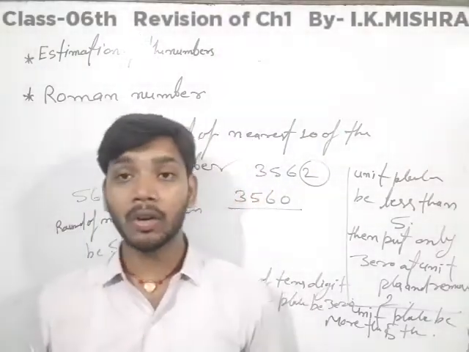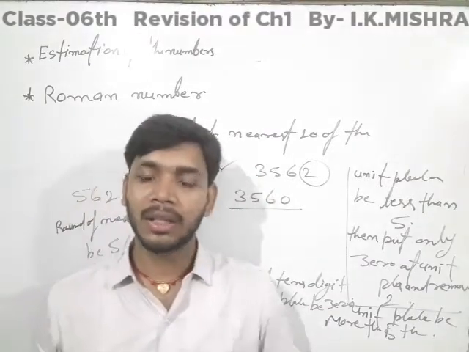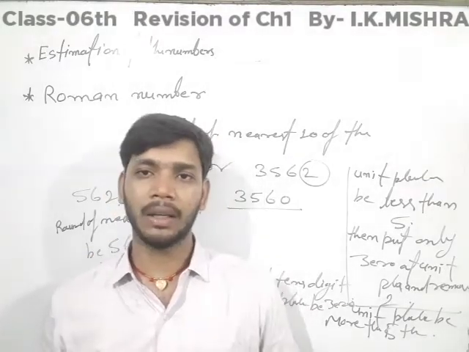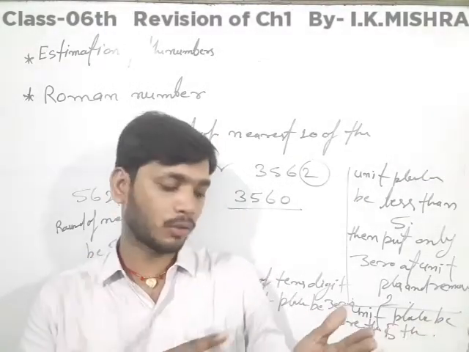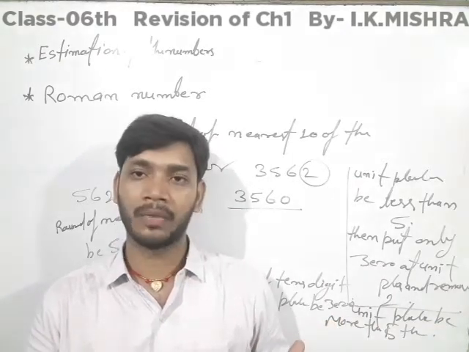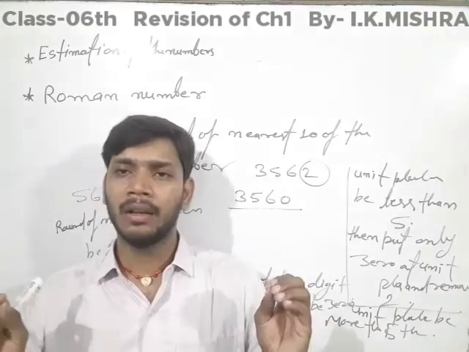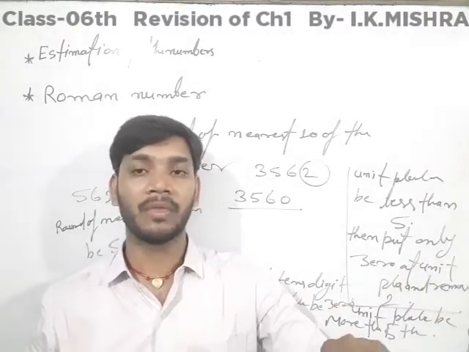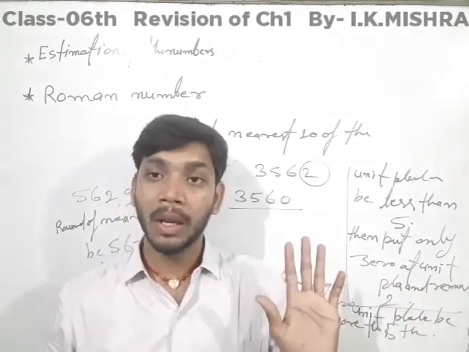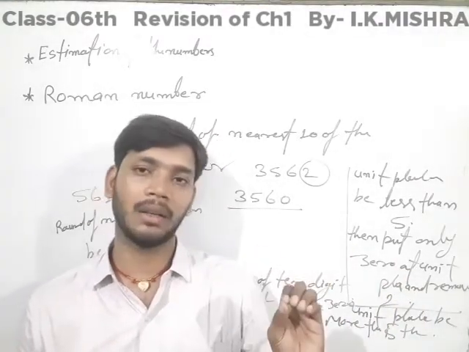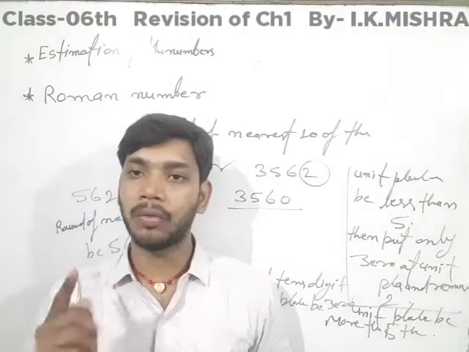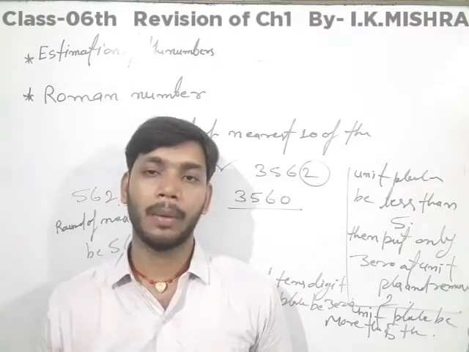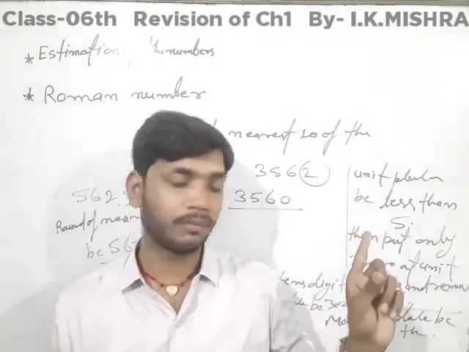Friends, for rounding off to the nearest 10, observe the unit place, and if the unit place is less than 5, that means 0 to 4, then only eliminate the unit place and put 0 there. But if the unit place is 5 or more than 5, then add 1 to the tens place digit.